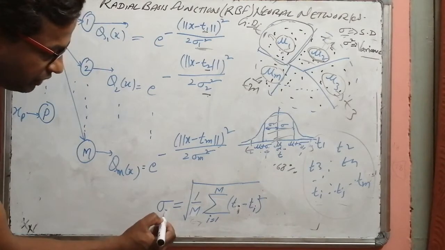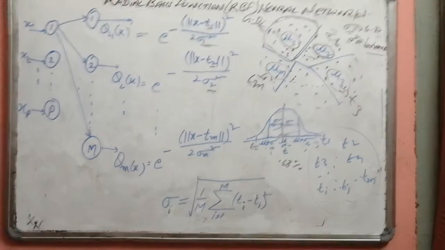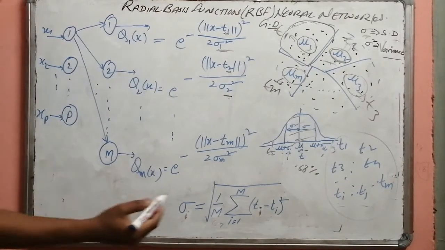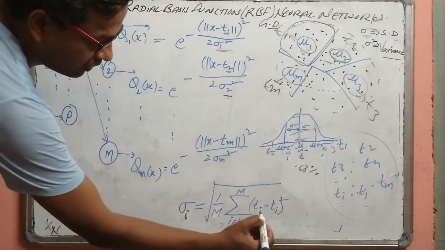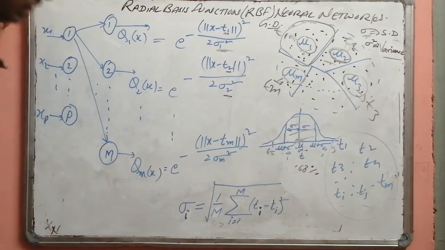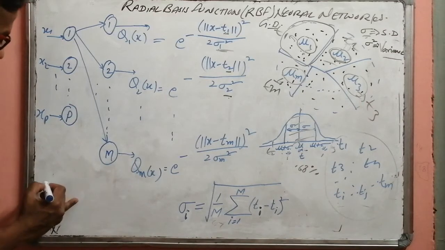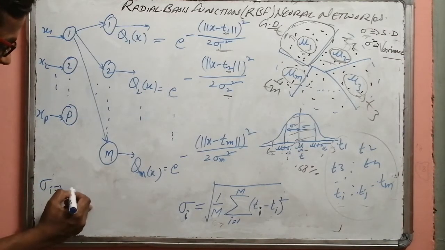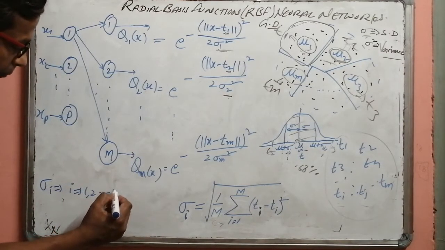So we need to calculate this. If we replace this 1 by i and this 1 again by i, then we can generalize it, and we will be calculating sigma of i, where i varies from 1 to m.